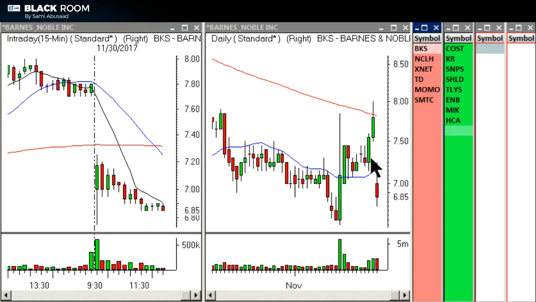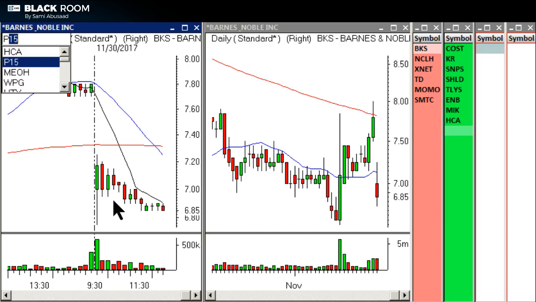But that's a professional gap. Two green bars and a gap down. That's a surprise. Professional means surprise. It's going against the expectation of the majority. So this is lower, should be lower. I mentioned it in the room as a short under 690.